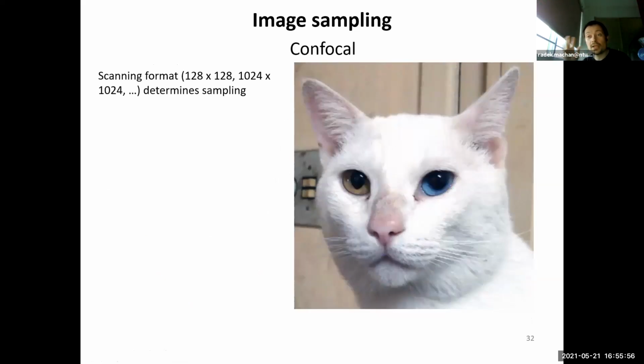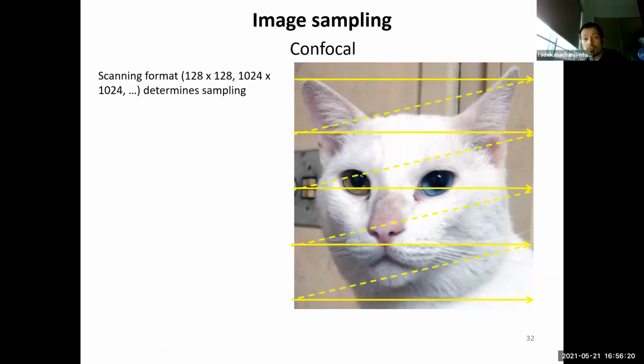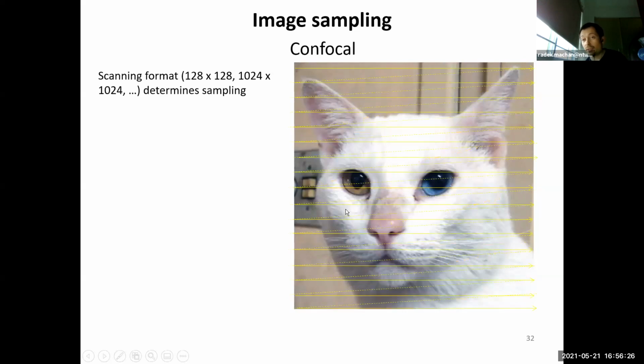Now the situation is very different for a point scanning confocal microscope, because here I don't have a camera, but the sampling is defined by the scanning format. So obviously it's a different situation if I do scanning like this or like this.